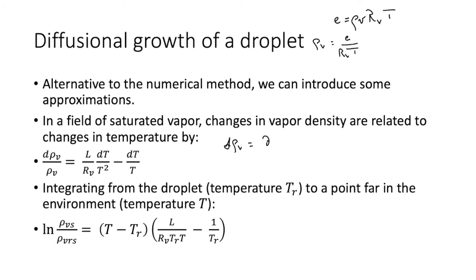And so it would be d rho V over dE times dE plus d rho V over dT times dT. Now, how much is d rho V over dE? I feel like I'm insulting your intelligence. This is simply, I'll get it wrong, dE over RV T.